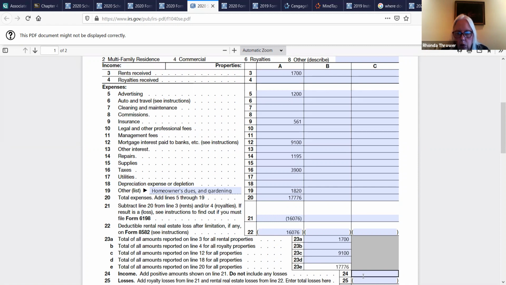And then we're going to move to line 24. Line 24 says to add positive amounts shown on line 21. We didn't have a positive amount, we had a negative amount, so we have to go straight to line 25.